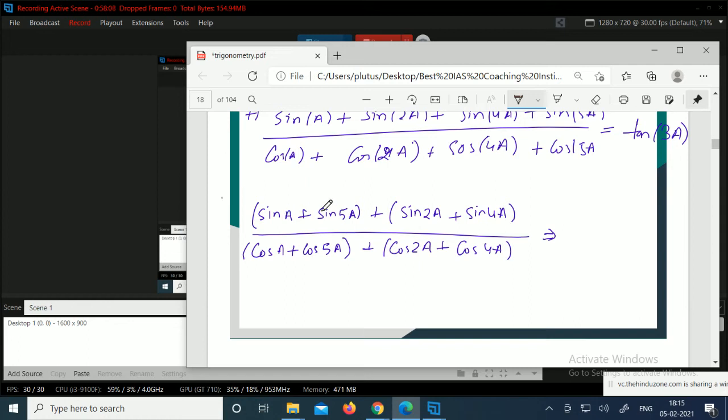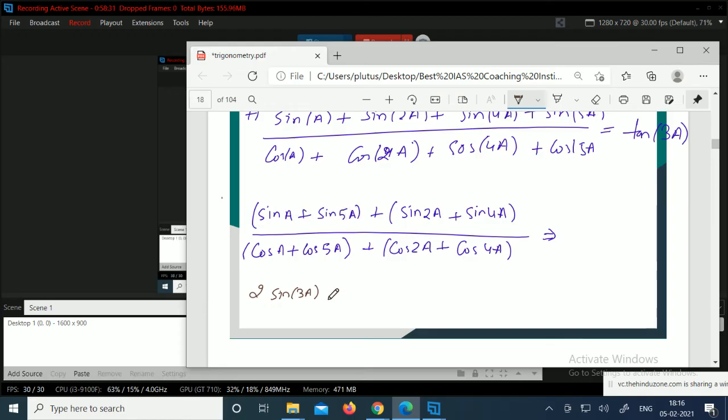What is sin C plus sin D? Here we can use the sin C plus sin D formula: 2 sin of (C plus D) by 2 cos of (C minus D) by 2. So what is C plus D? 6, 6 by 2, that is sin 3A, isn't it? And what is the value for this?